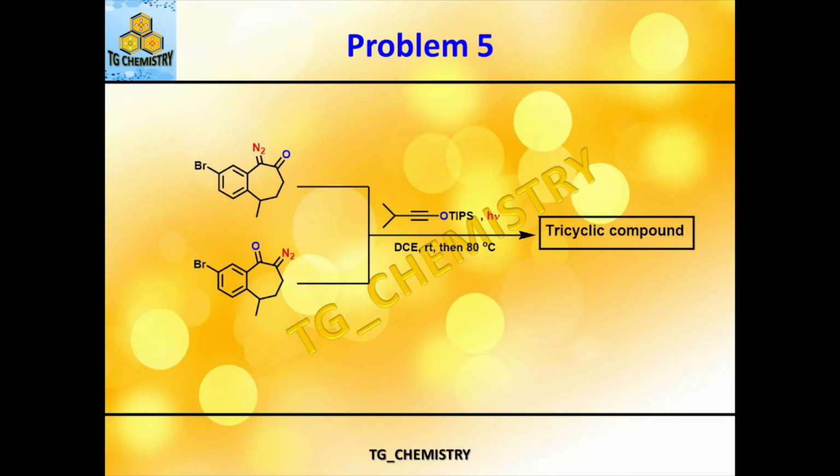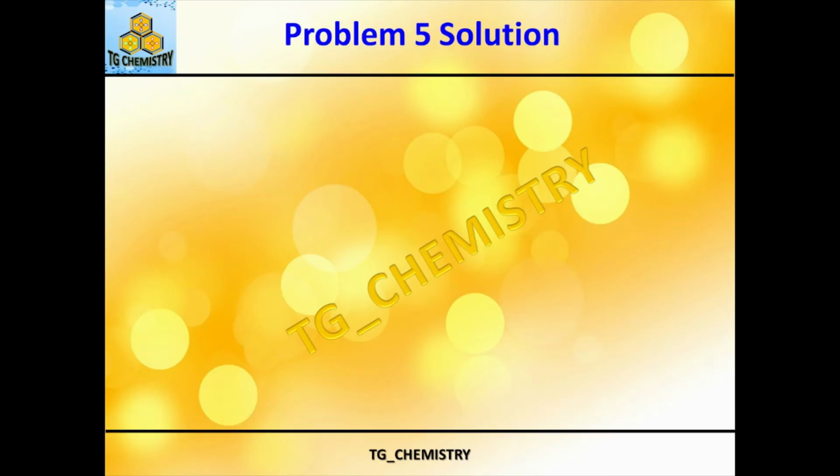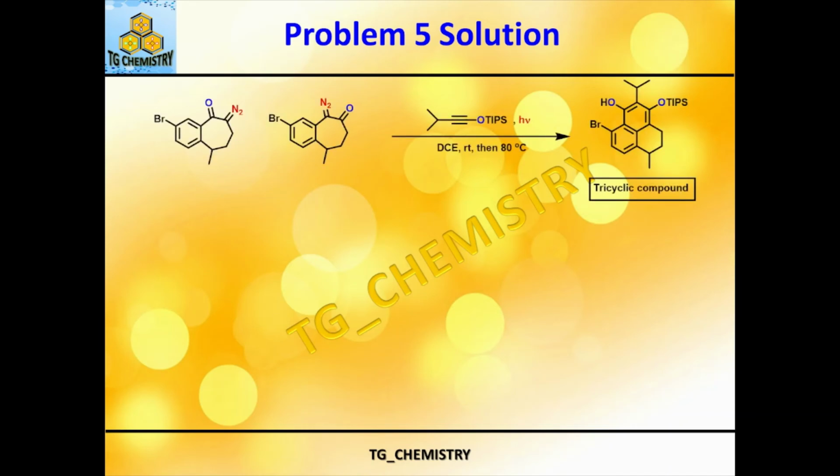Both compounds, when reacted with the triisopropylsilyl ether substituted alkyne substrate in the presence of photoirradiation and 1,2-dichloroethane solvent, from room temperature to 80 degrees centigrade, with a long span of heat as well, will end up with the tricyclic compound. What should be the structure of the tricyclic compound and how will the reaction proceed? We will see that next. So this is the overall reaction at a glance.